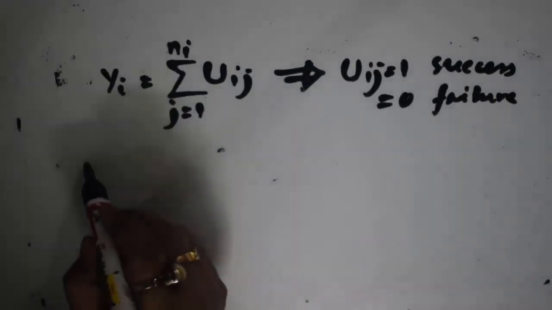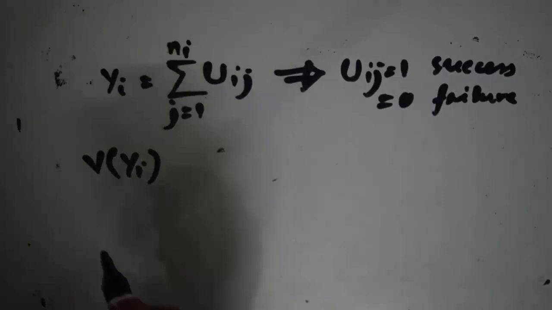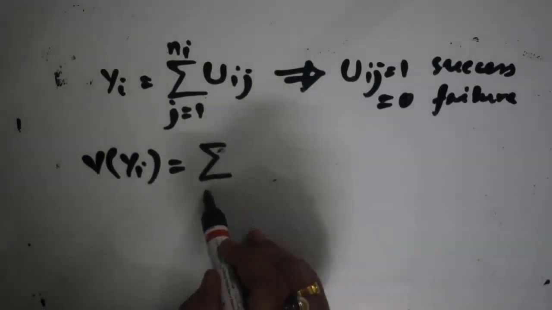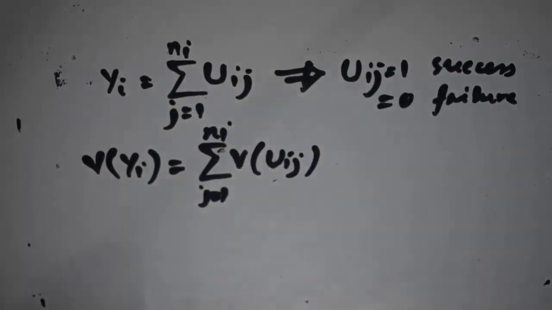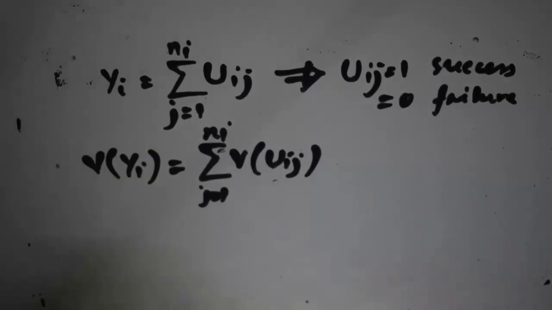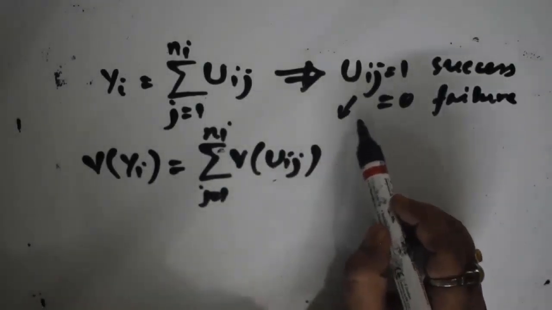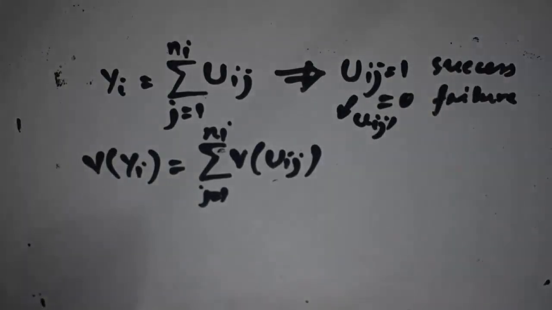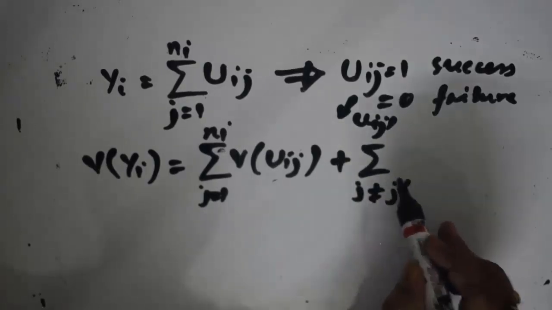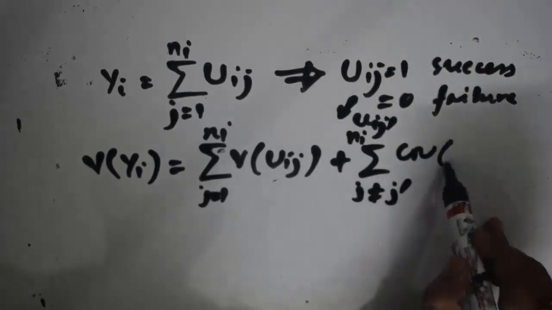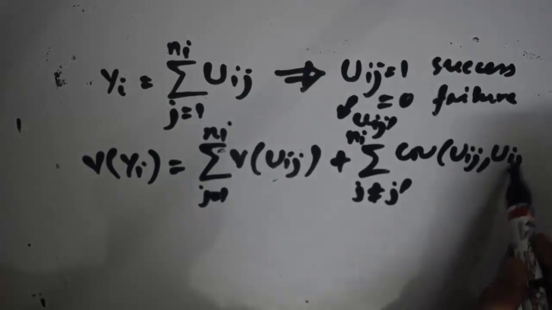Then we know the variance of yi is equal to the sum over j from 1 to ni of the variance of uij, since within a group, that means given i, uij and uij dash are not independent, so for j not equal to j dash, the covariance of uij, uij dash is not equal to 0.